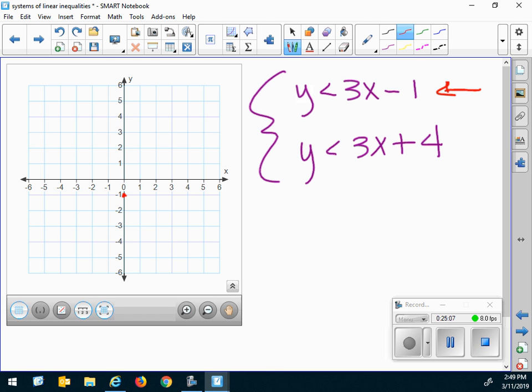Slope? Up 3, right 1. Solid or dashed? Let me make it solid. Above or below? Below.